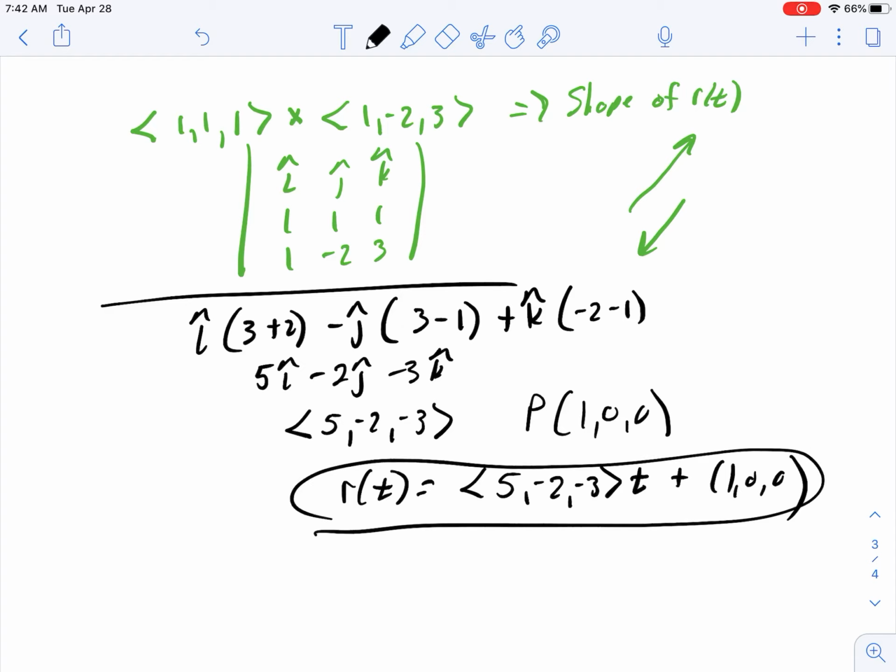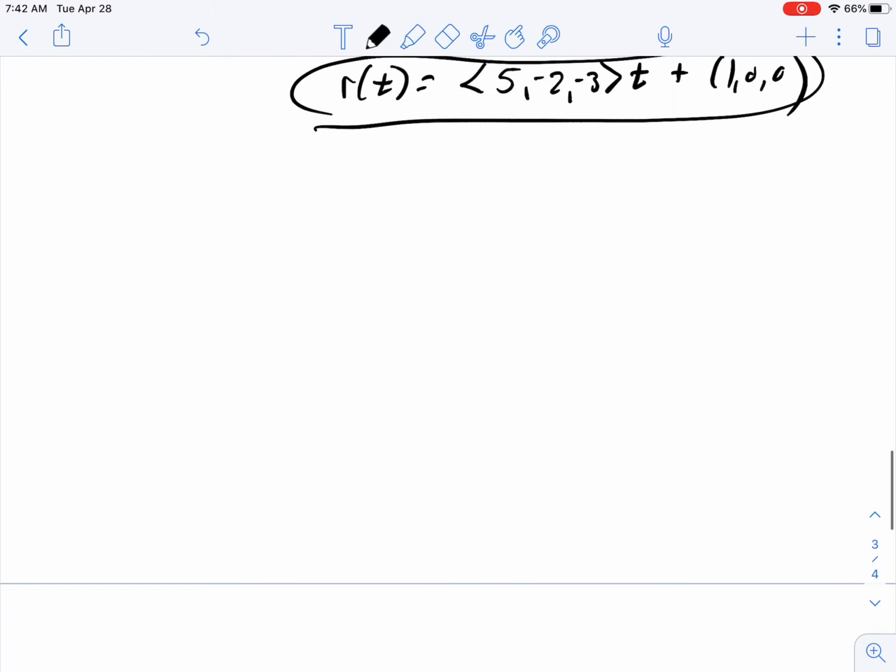And again, I could break it down by components, but I'm just choosing the fast way of doing that. And that's it. Just try to wrap your head around what you have, the normals of a plane and the equation of the line. Hopefully that makes sense.